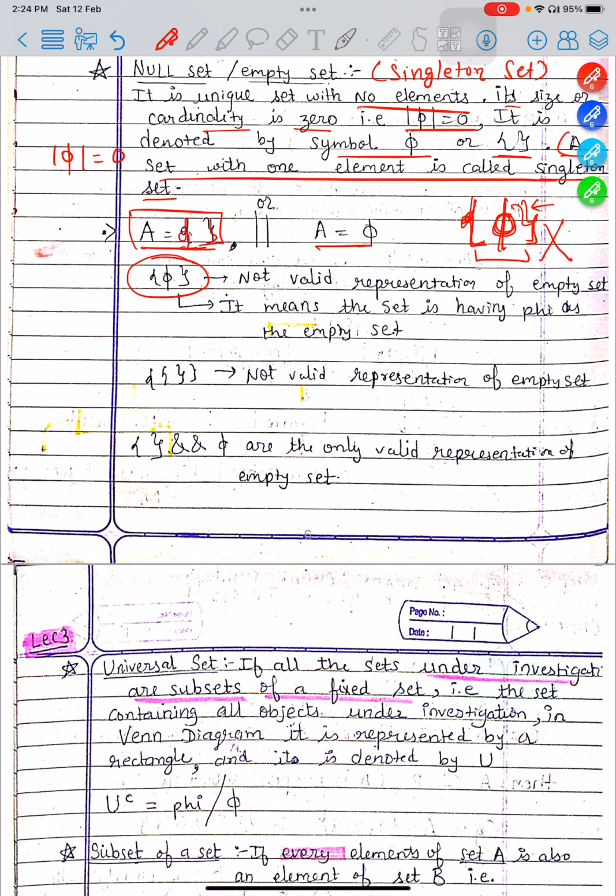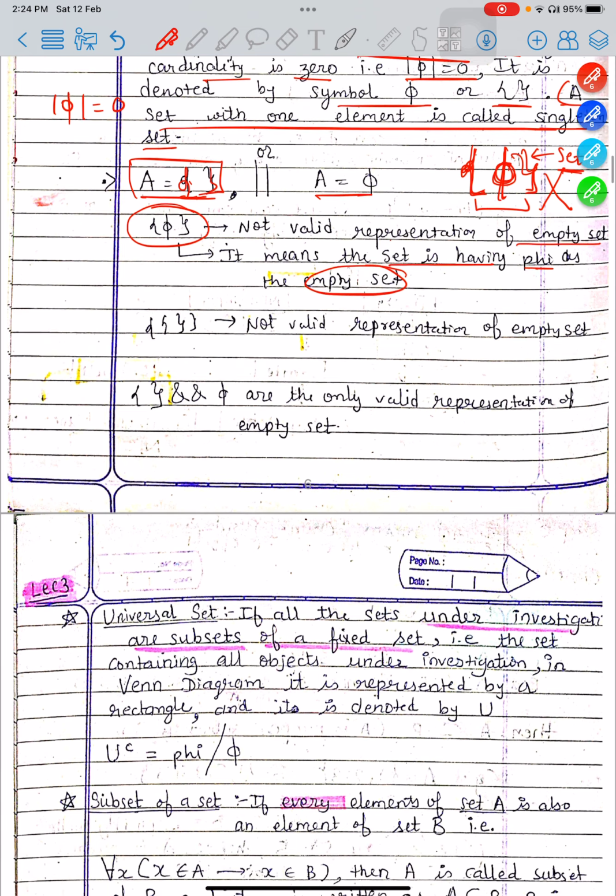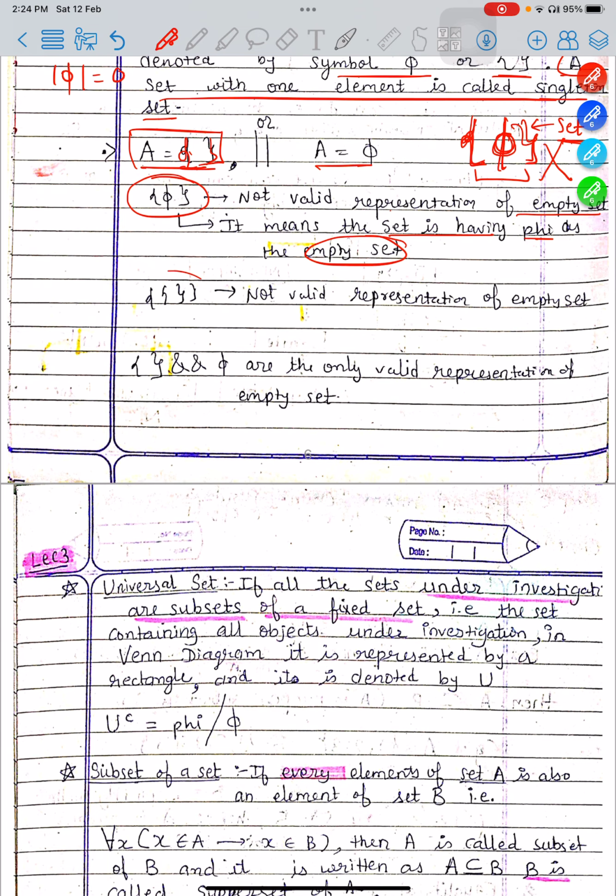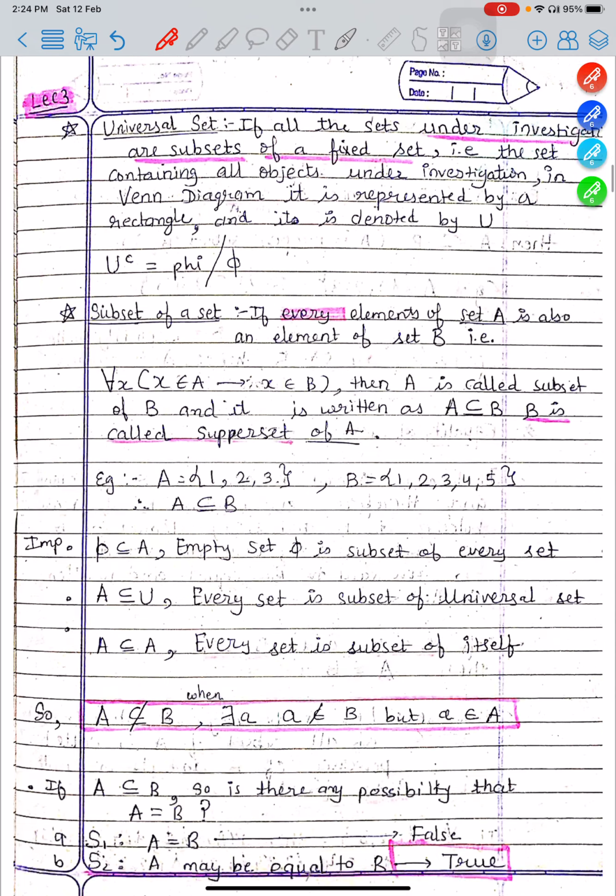Like this is a valid set itself, but not an empty set. It is not a valid representation of an empty set. It means the set is having phi as an element. This too is not a valid representation. Only this and this are valid representations of an empty set.